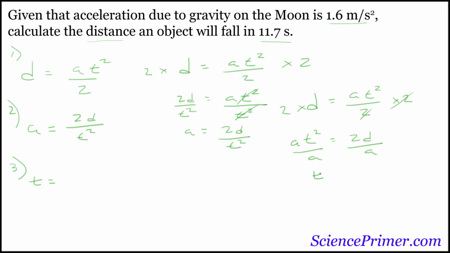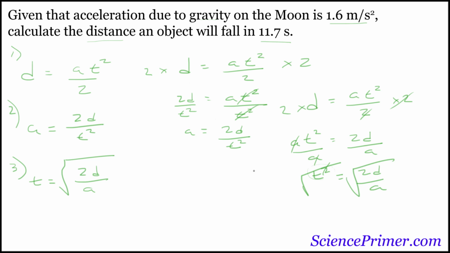We end up with t squared equals 2d over acceleration, because these accelerations cancel. And now the final thing we have to do is to get rid of this t squared, so we take the square root of both sides. The square root cancels out that squared, so we end up with t equals the square root of 2d over acceleration. So these are the three forms of the equation you're going to need to be able to find in order to solve the problems in this problem set.